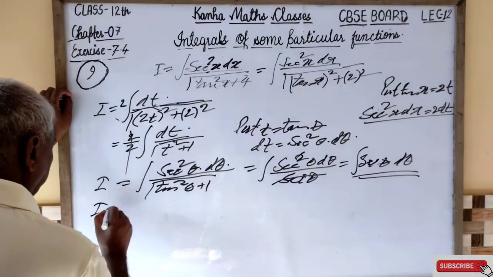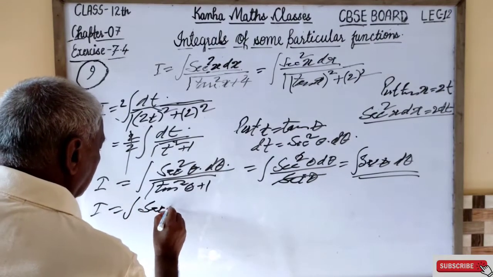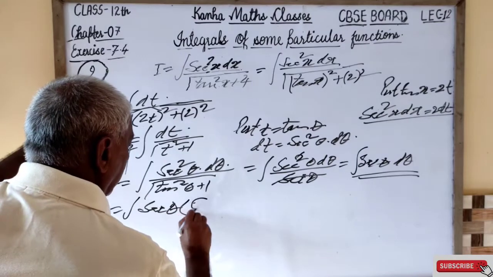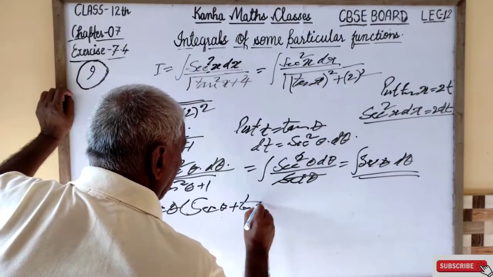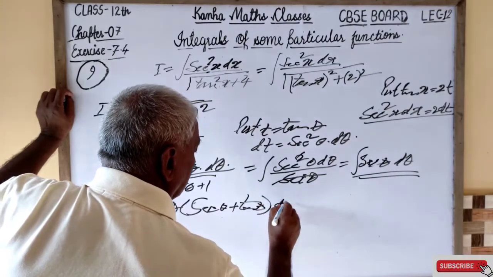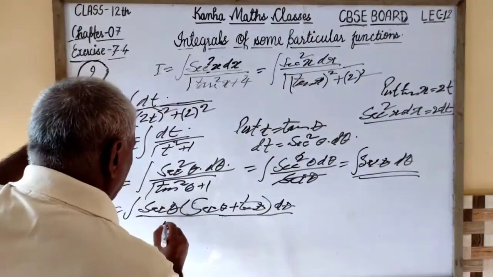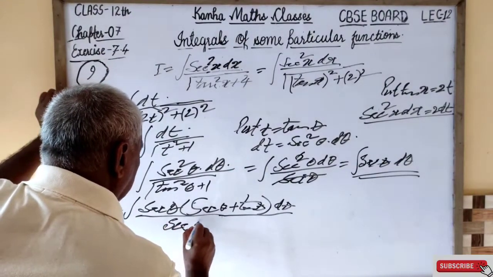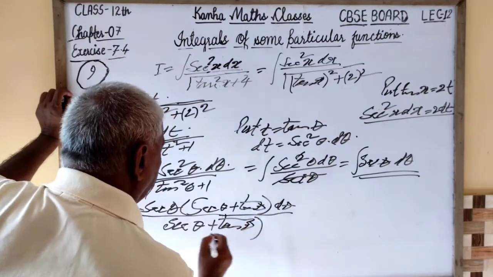Hence it will become sec theta into sec theta plus tan theta d theta, and the denominator also sec theta plus tan theta.